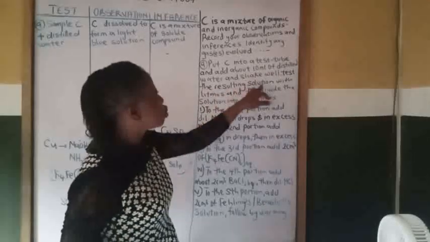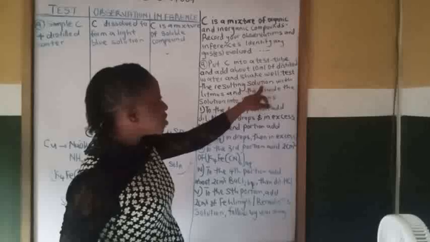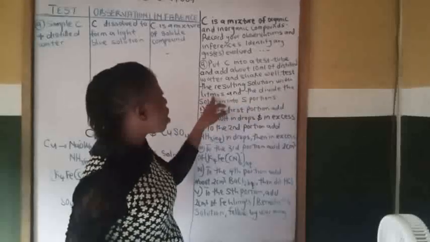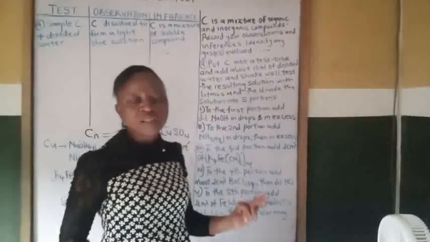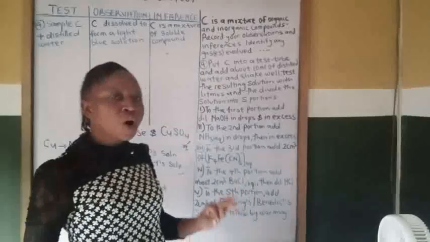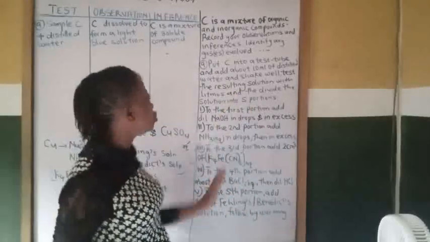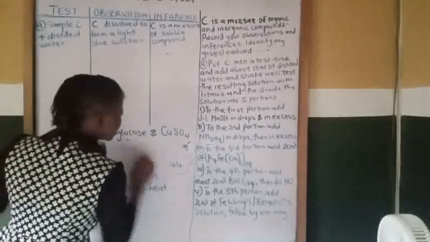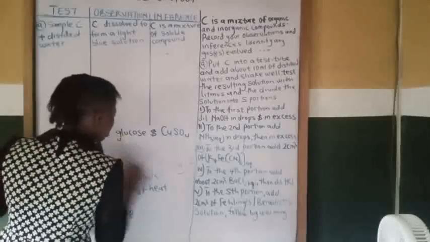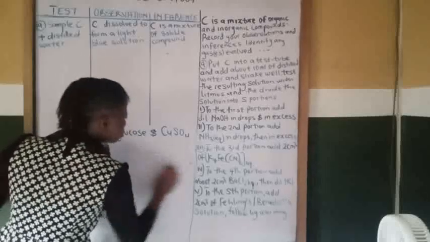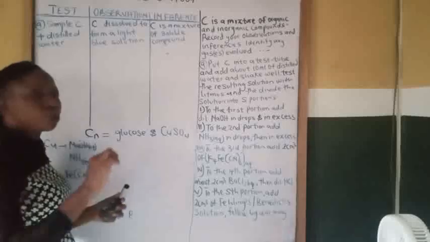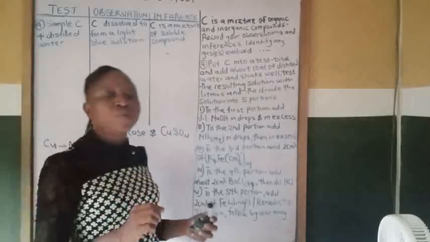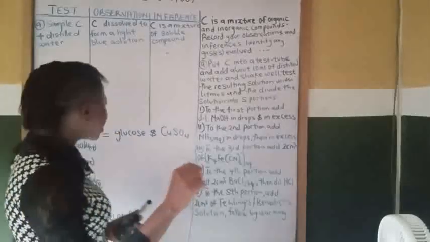Test the resulting solution with litmus paper. When they say litmus, they are still referring to litmus paper. Now let's come back to our sample. Glucose solution will be neutral to litmus.